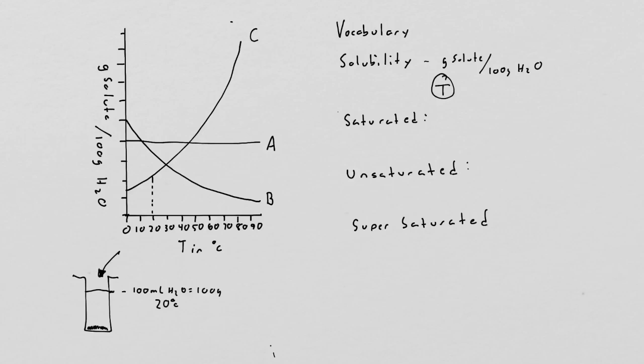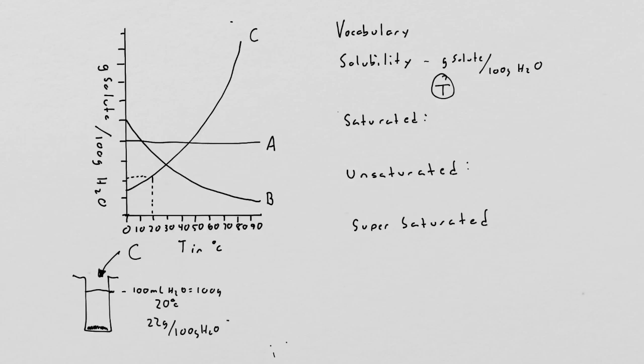Make sure we're clear that we're talking about substance C. The amount of solute that can dissolve in 100 grams of water at that temperature is maybe 21 or 22 grams. And again, you're estimating, so it's debatable. So the solubility is about 22 grams per 100 grams of H2O.